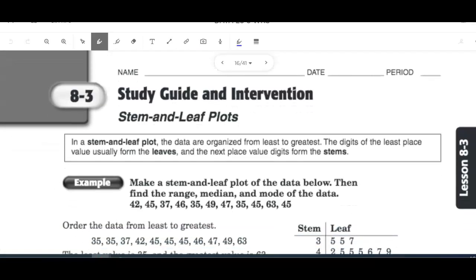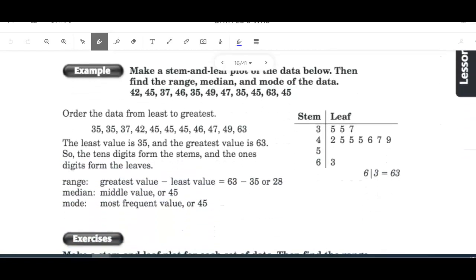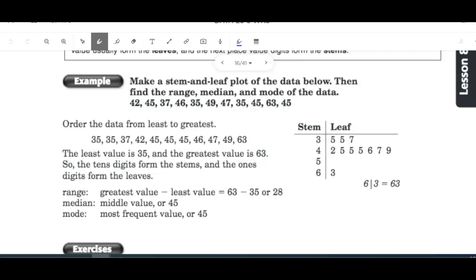There's an example of them creating a stem and leaf plot from the numbers. Then they found the range right here. Subtraction, the biggest number was 63, smallest number is 35. 63 minus 35. Middle value, 45. So this is kind of cool with stem and leaf plots.